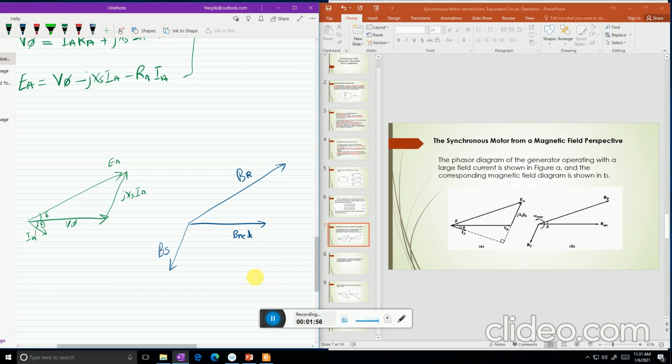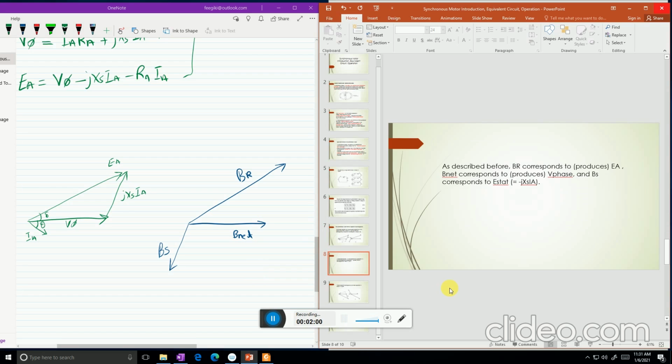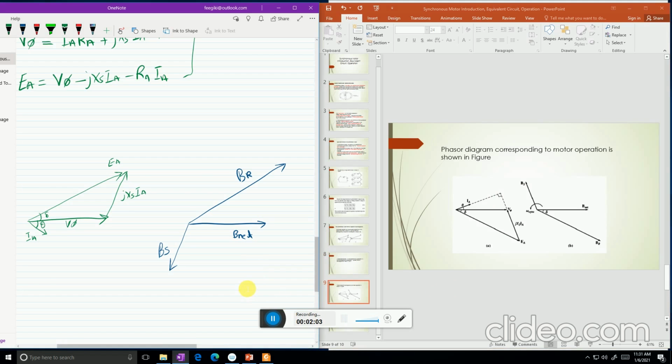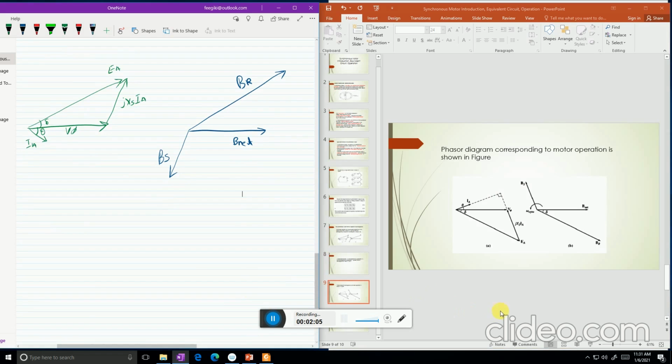Now how does the phasor diagram of the motor look like? In the phasor diagram of the motor, V phase is kept at the same place. As we see, in the motor the direction of current is reversed.